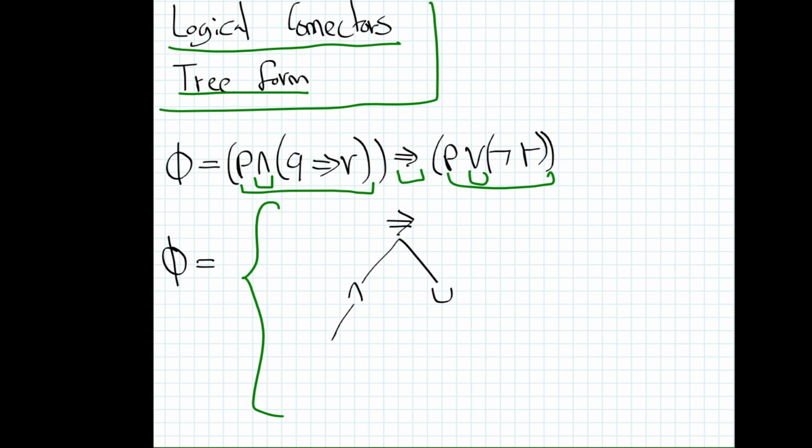Next we'll subdivide these two pieces, right? Because each of these connectors, let's say this one, is connecting this one and this one, right? So we will write P, which is that one, and on the other side we have this logical connector, so we'll keep ramifying that.